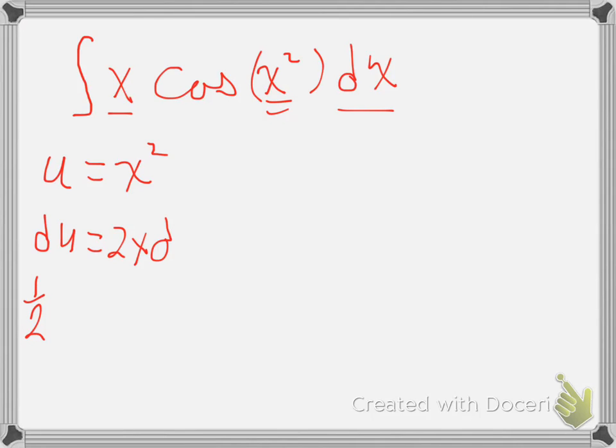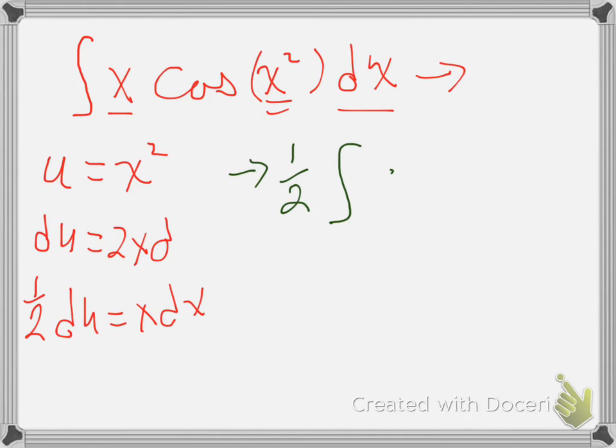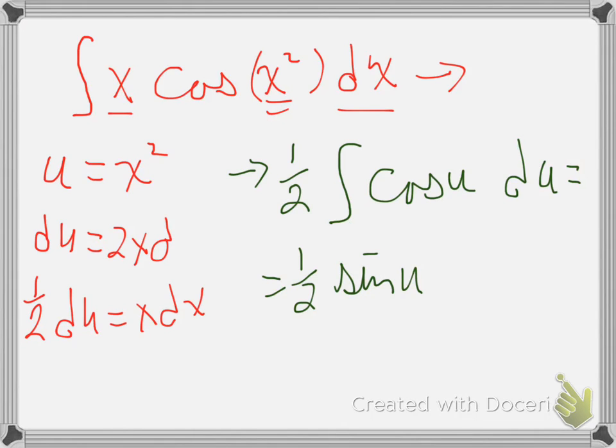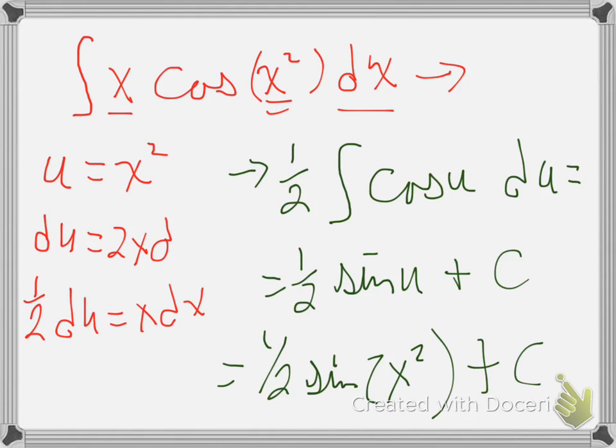Move the 2 to the other side, 1/2 du equals x dx. Now this thing can be rewritten as 1/2 times the integral of cosine of u du. Well, the antiderivative of cosine is sine of u plus c. So that becomes 1/2 times the sine of x squared plus c.